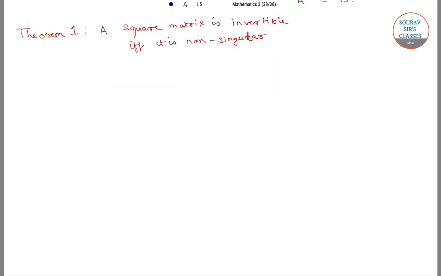Now there are some useful theorems on invertible matrices. The first theorem states that a square matrix is invertible if and only if it is non-singular. Now, let A be a square matrix which is invertible.